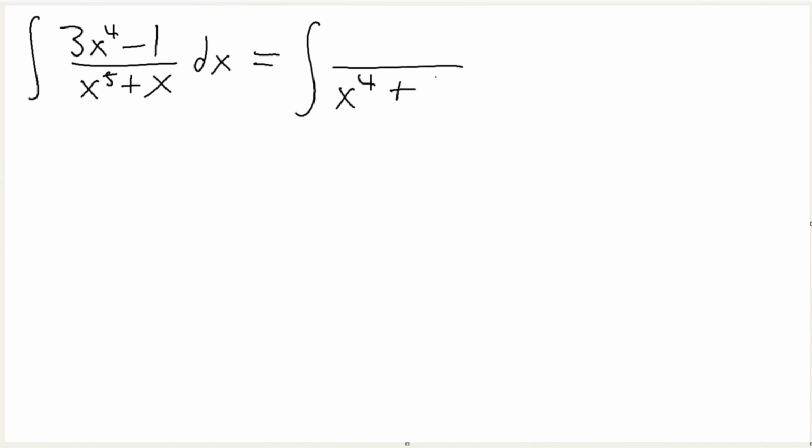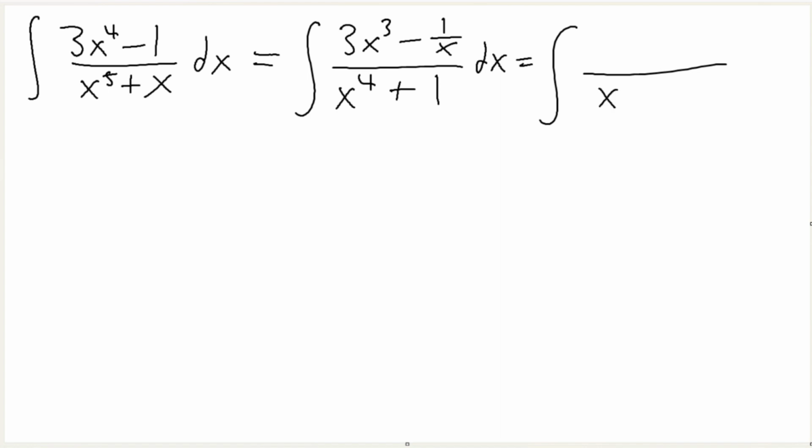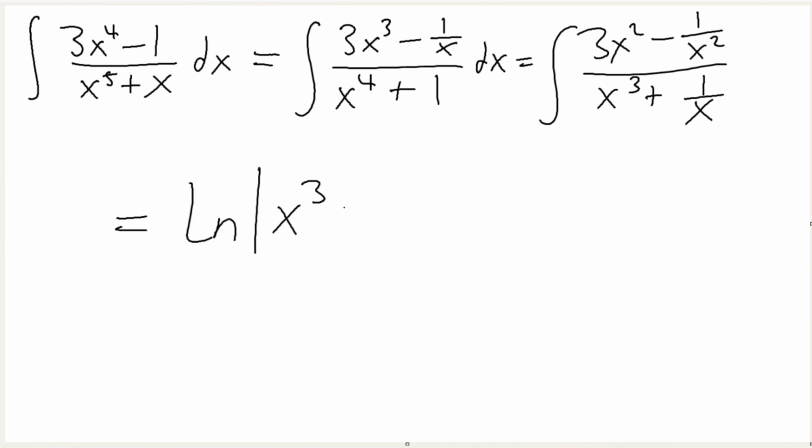We get 3x cubed minus 1 over x. Okay, doesn't really relate. Let's do it again. Alright, divide everything by x. Minus 1 over x squared. This is 3x squared. Perfect, this matches. So our answer is just ln of x cubed plus 1 over x plus c.